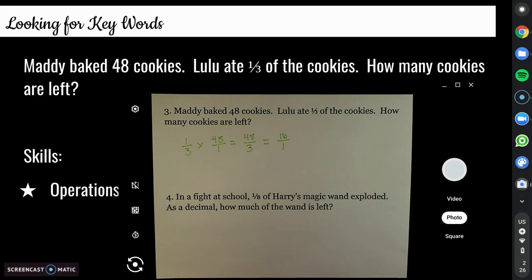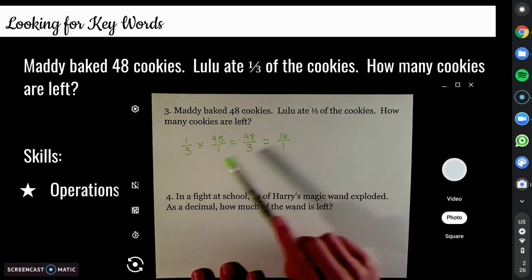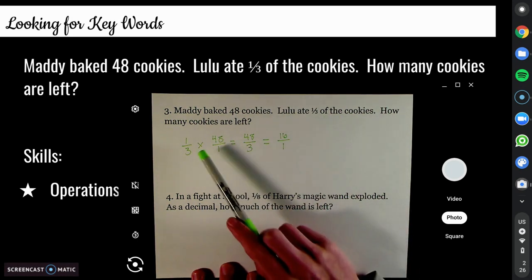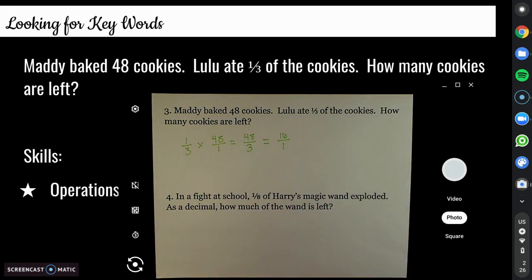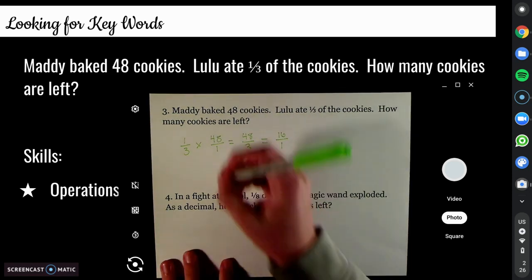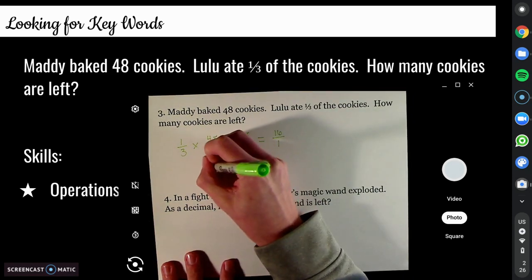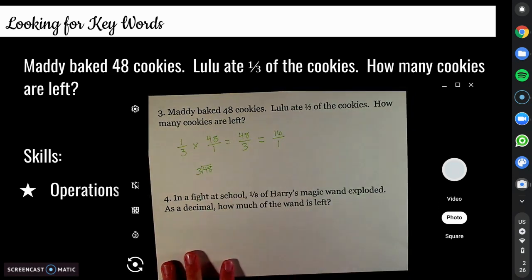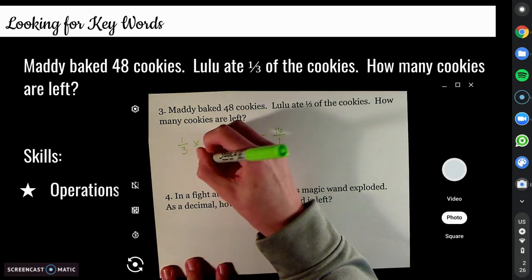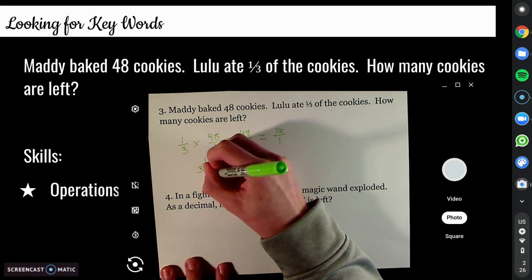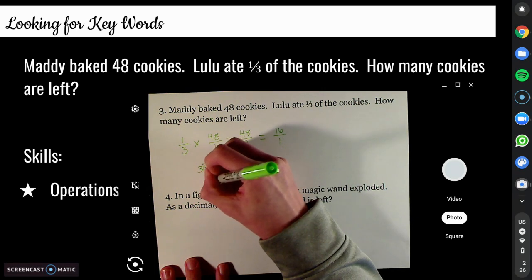Now, maybe you remembered that when you multiply by a fraction, when you multiply by a unit fraction like 1/3, it's the same as dividing. Okay, so maybe you remembered that you could do this, 48 divided by 3. You could do that math. Oh, sorry.